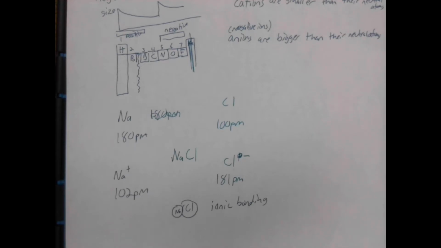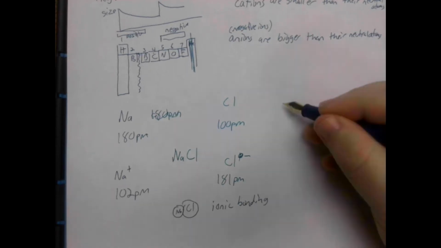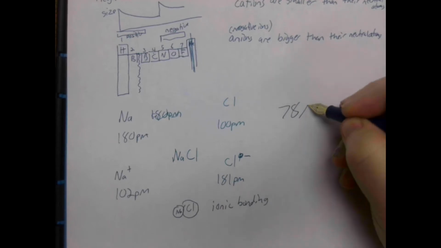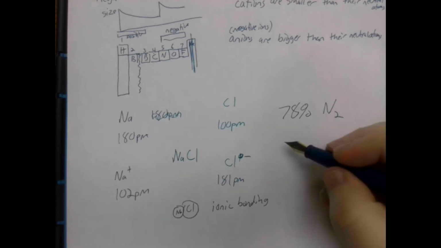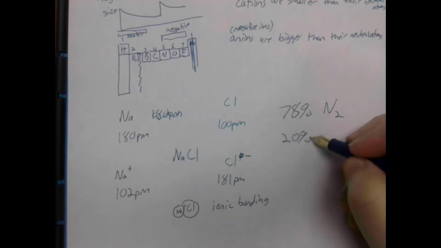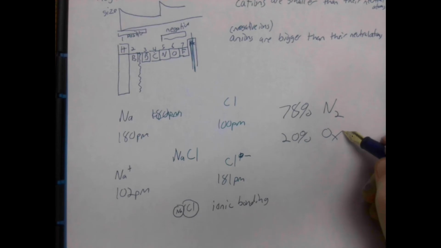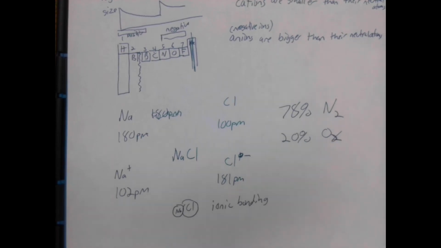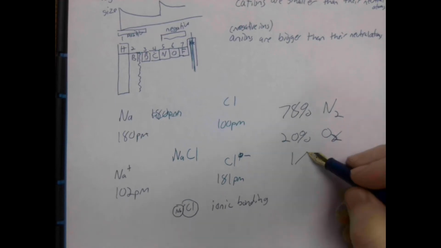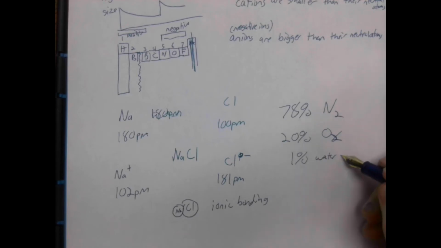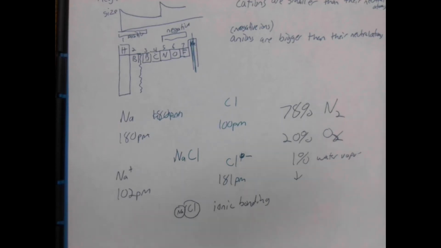Definitely don't want to be breathing in pure oxygen. Air is 78% nitrogen. It's a little over 20% oxygen, O2, I think like 20.5%. And depending on where you live, about 1% water vapor if it's very humid. And the rest is trace gases.